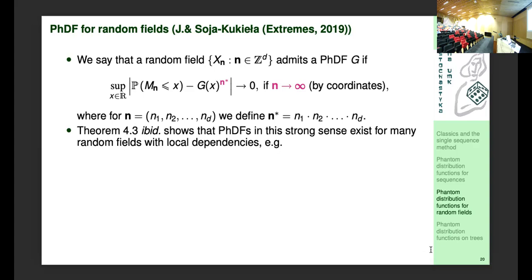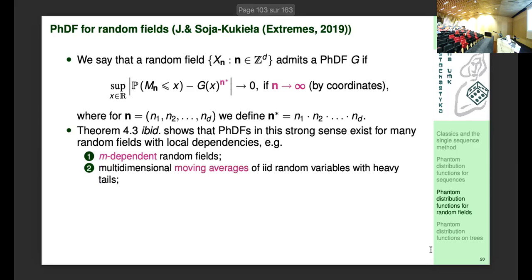Here is a reference to a paper by myself and my PhD student at that time, Soja Kukiewa, in Extremes 2019. Using this definition, we show that many stationary random fields admit the continuous phantom distribution function in this sense. For example, m-dependent fields, where we have limited dependence, or functions of IID random fields.